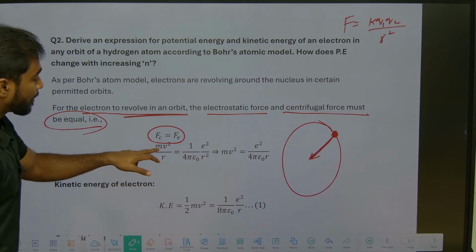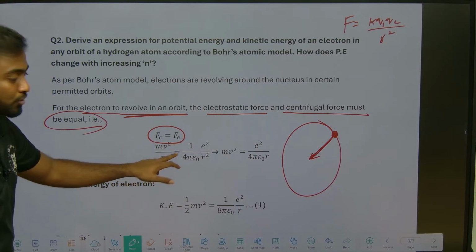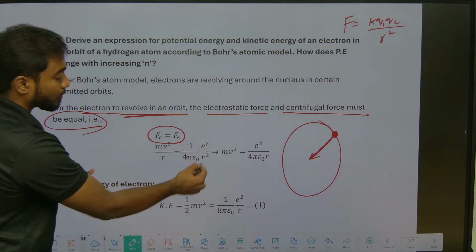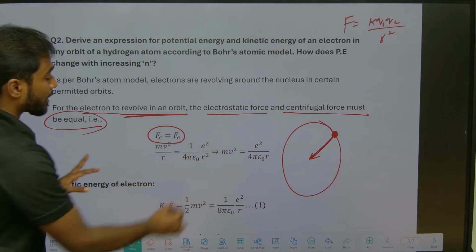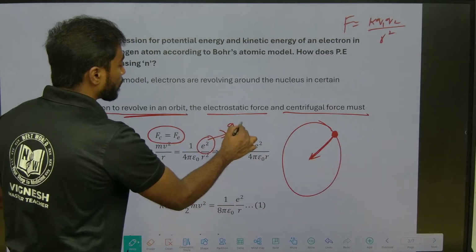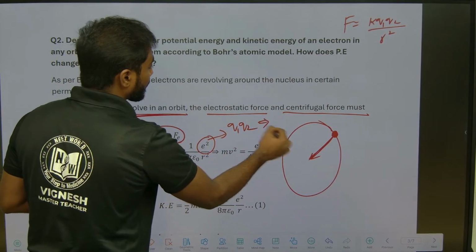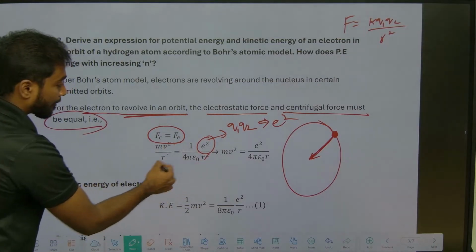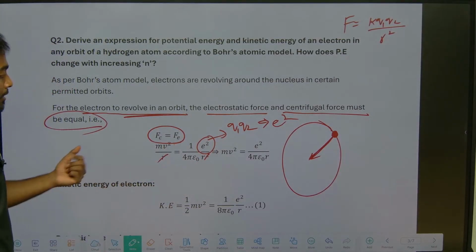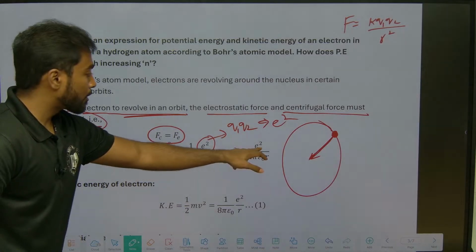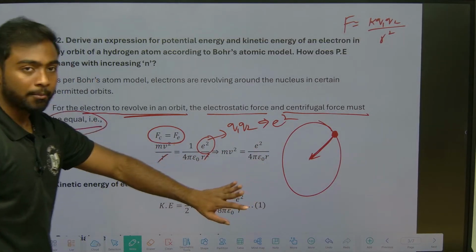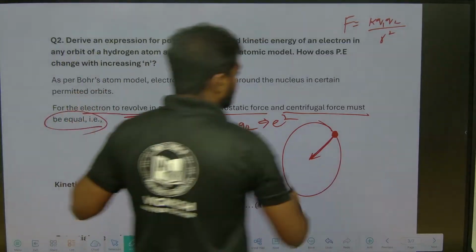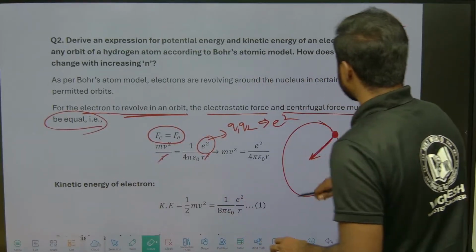What is the formula? m v square by r should be equal to 1 by 4 pi epsilon naught e square by r square. Instead of Q1 Q2 we have taken e square. So here r and r get cancelled, right? So m v square will be equal to e square by 4 pi epsilon naught r, and we'll go for the next step.